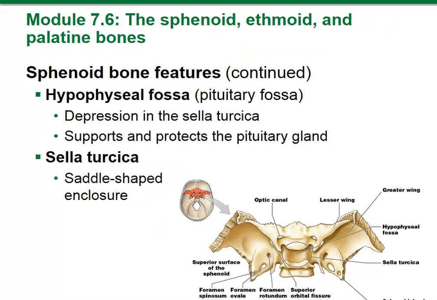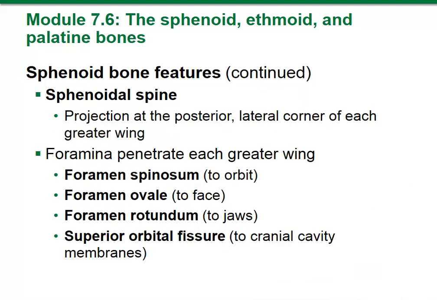I will mention the sella turcica. This is a really important marking, a saddle-shaped enclosure. This is where your pituitary gland actually sits at the bottom of your brain. Saddle. I'm not going to go over each of these.